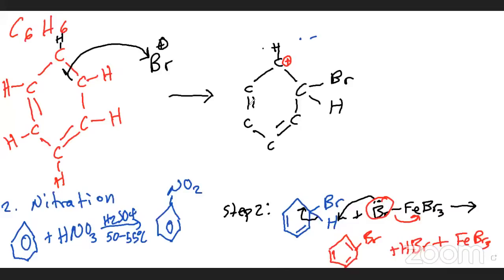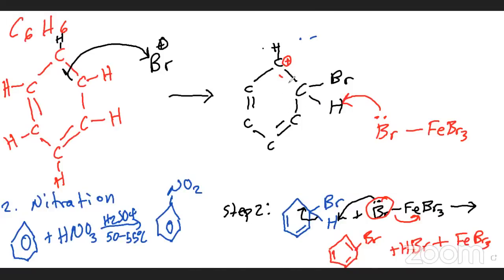So in the second step now, what did we do? We have Br, right, attached to FeBr3. So a lone pair of electrons now is going to remove this hydrogen. When it removes this hydrogen, the 2 electrons that were here, we're going to put it here.